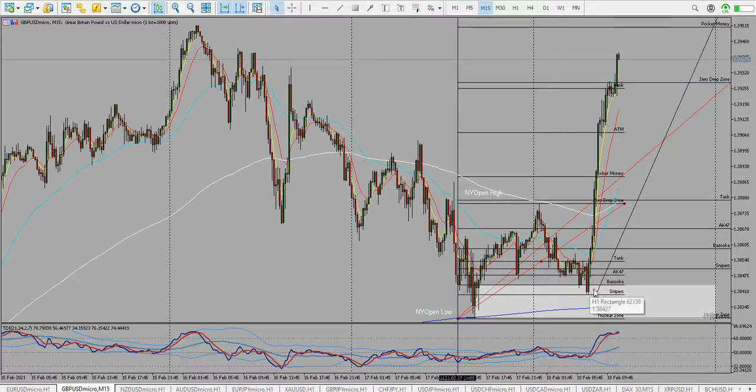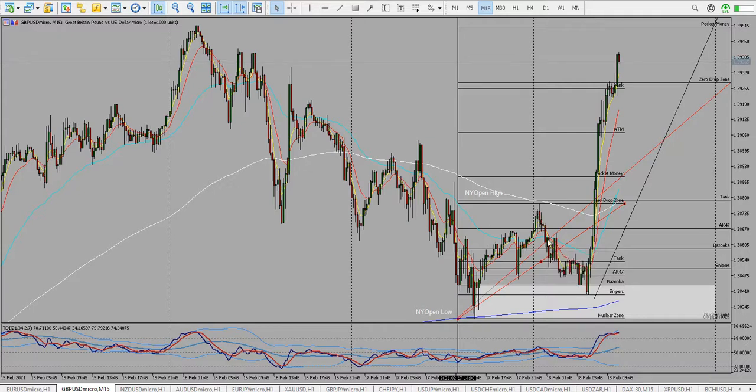Then I want you to see how they respect the zones. If you put your Fibonacci on New York open low and New York open high, then it retraces on that Asian session box, whereby we create New York open high from the previous 14th hour area zone.